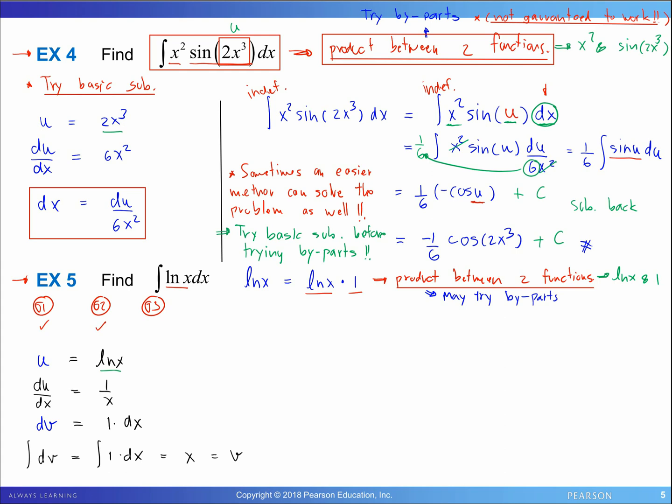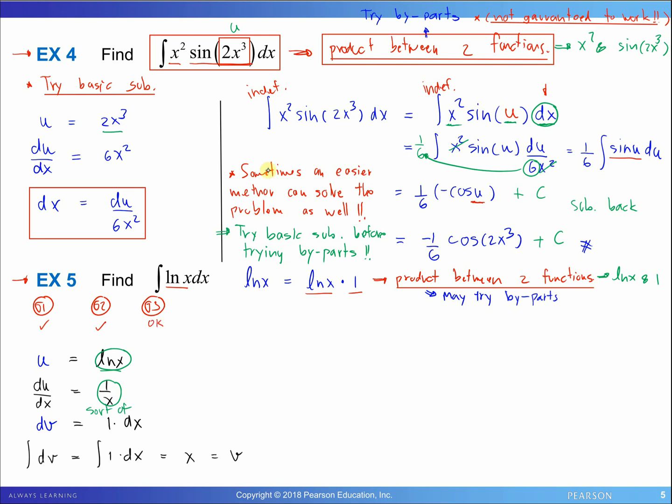And now for g3, we need to check du, which is equal to 1 over x, whether it's simpler than u, which is equal to ln x. Is 1 over x simpler than ln x? Well, sort of, but not that much simpler. Which means that for g3, I'm going to say it's just okay.